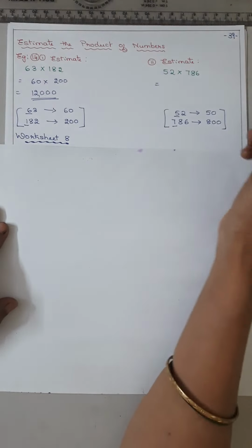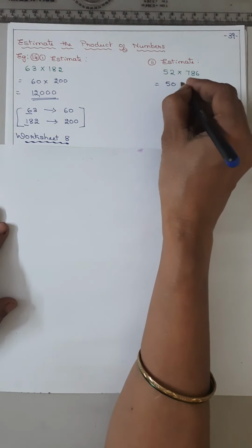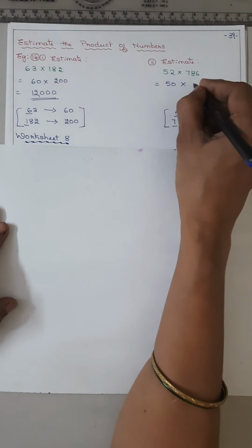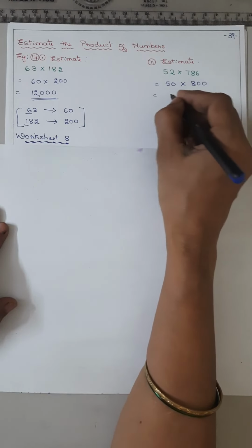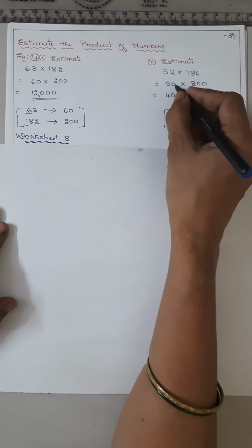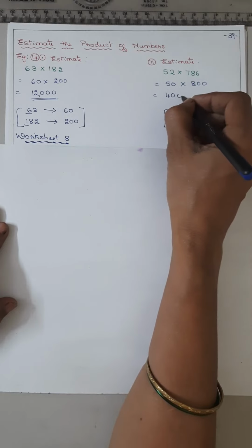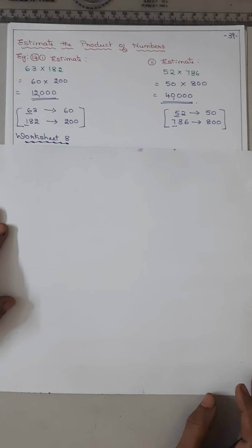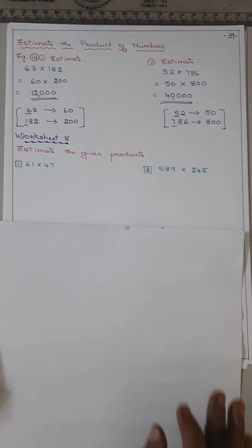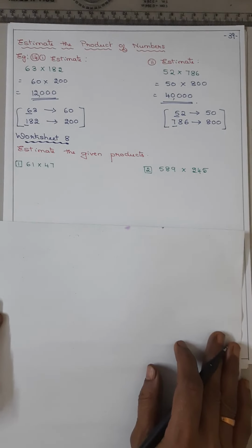Put the values. 52 बनेगा 50, 786 बनेगा 800, 5 8s are 40, 1 2 3 zeros. Answer is 40,000. Is it clear?